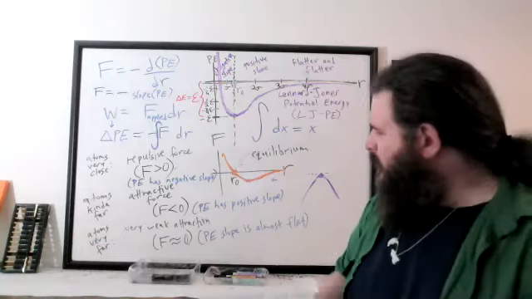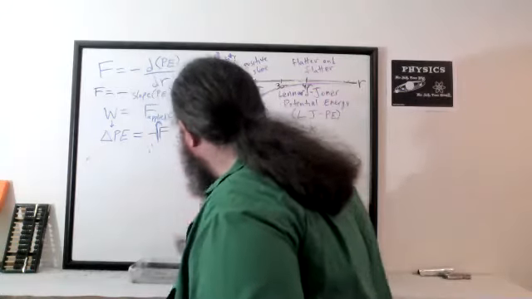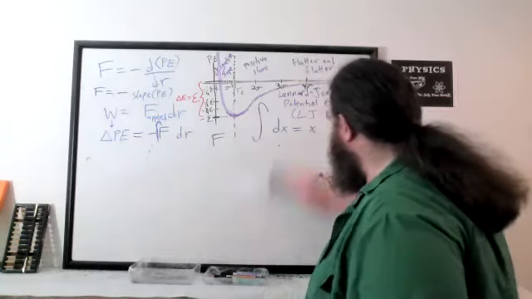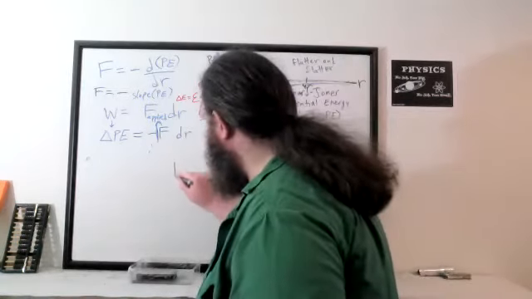And let's try one more thing we can do with this graph before we end for the day. If we take this potential energy graph, and let me try drawing a slightly more accurate rendition of it.